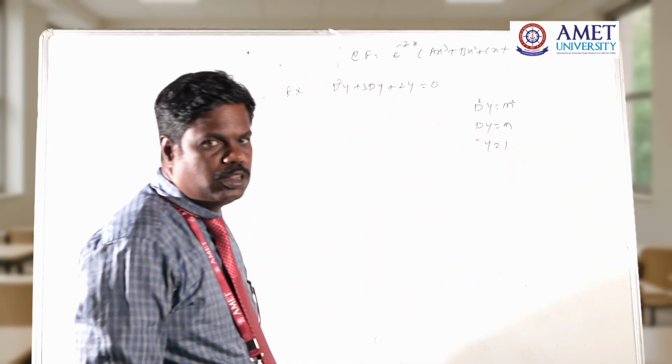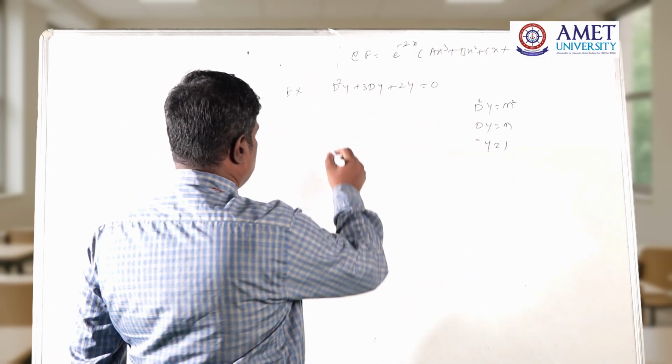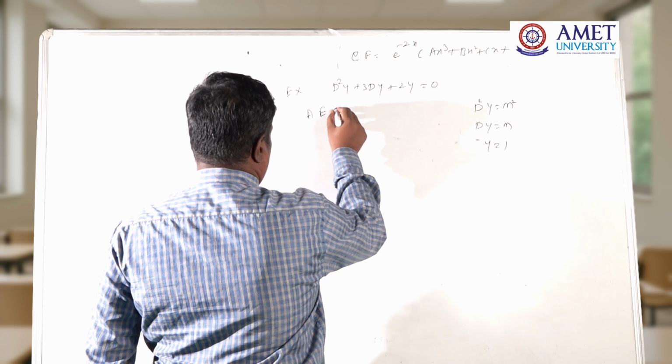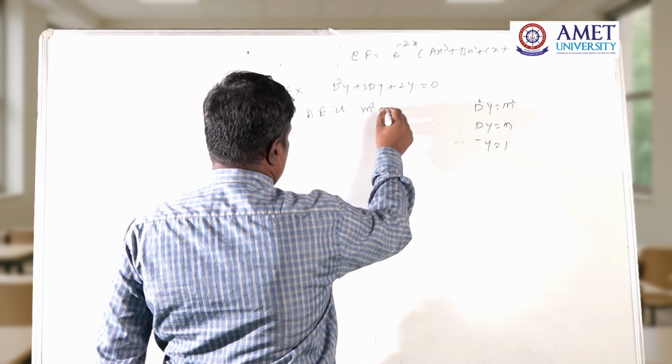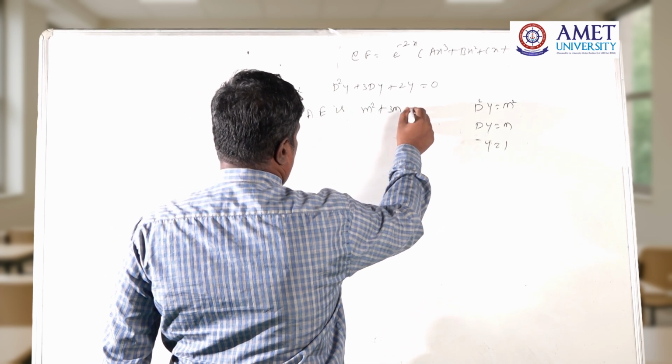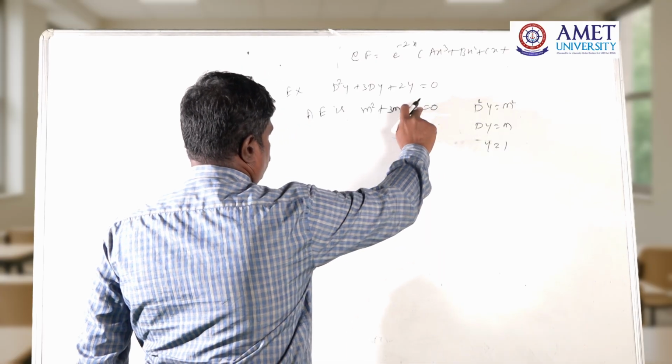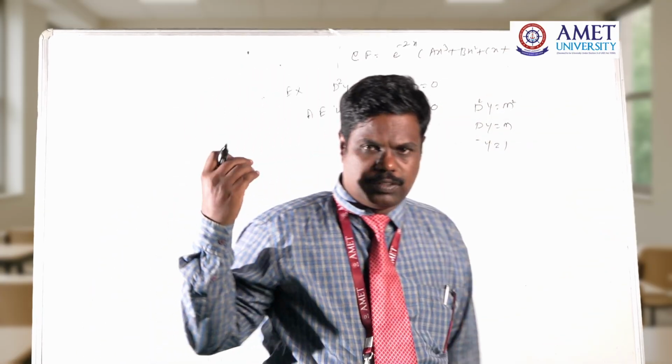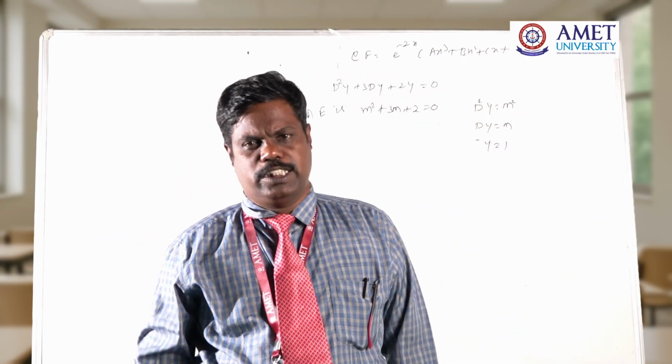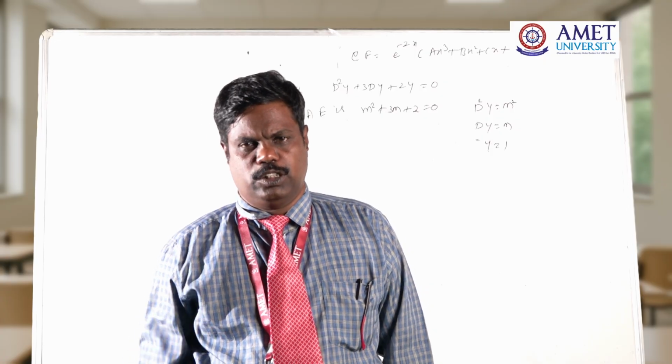We substitute to write the auxiliary equation. So what? m squared plus 3m plus 2 equal to 0. It is very well known to everybody. It is a quadratic equation, so it has 2 roots.